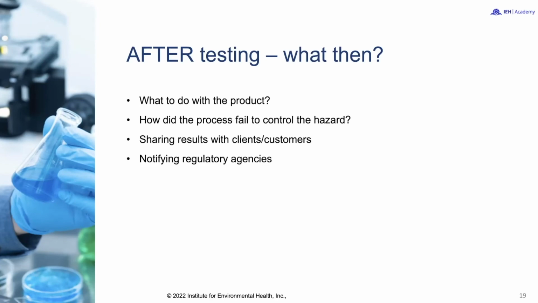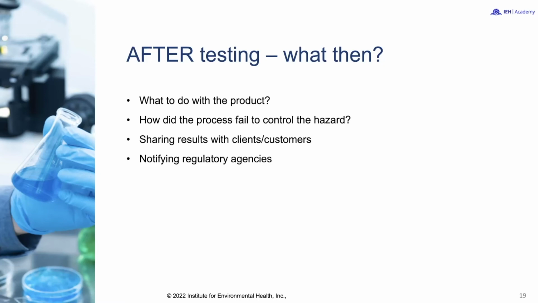You really need to think this through clearly before you ever start a sampling plan. If you already have a sampling plan in place, I urge you to go back and really look at your sampling plan and make sure that you have everything in place that needs to be.